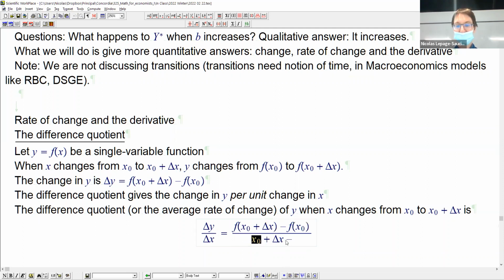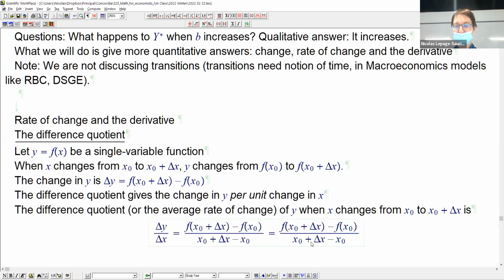And of course, this is why I introduced this delta x here, because the x0 disappears in the denominator. It doesn't disappear entirely, because it's here and here. So f depends on x0, not just on delta x. So the difference quotient, or the derivative, will be a function of where I start.